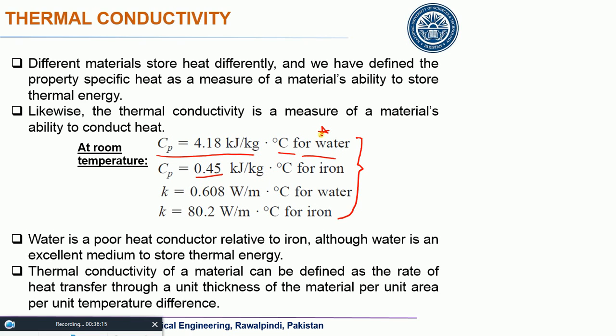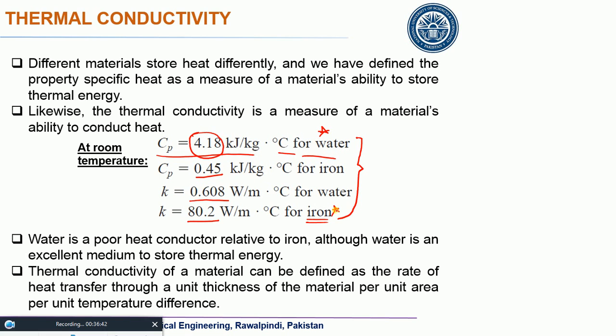That would be water. Why? Because it has a greater Cp. If you look at the thermal conductivity, for water it is 0.608 units, and for iron these are the units. Now which one is a better conductor? Iron is a better conductor.